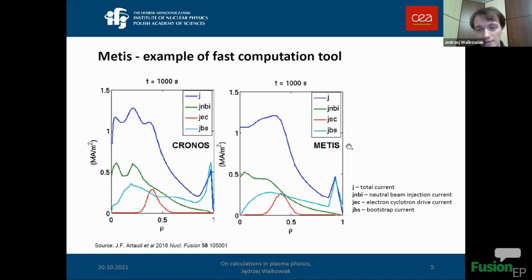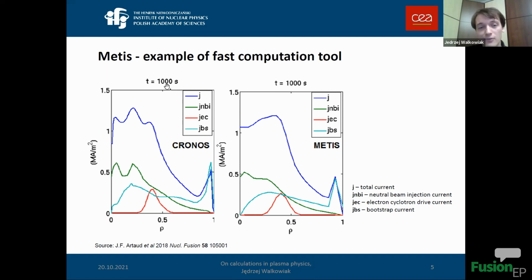Here, for example, you can see the values of the currents calculated with Metis and with Chronos. The main difference is that Metis calculates the results about 10,000 times faster than Chronos, which basically means that, for example, if you want to calculate a discharge, this one is for ITER, which took 1,000 seconds, with Metis we are able to do it in about a minute.